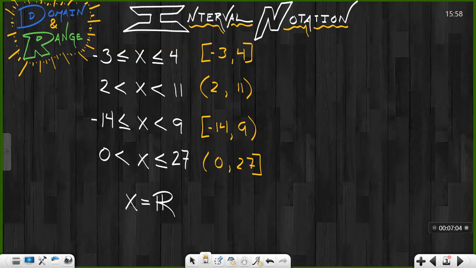Well, the first type of bracket that I'm going to talk about is a closed bracket. Closed brackets, we've seen closed before. All right, closed brackets are these ones right here. They look like square brackets. Closed brackets are used whenever I have a less than or equal to, because it's allowed to equal that number that the bracket is next to.